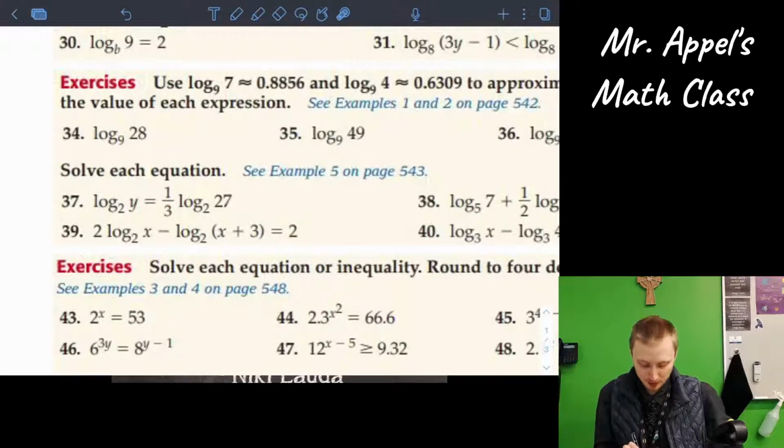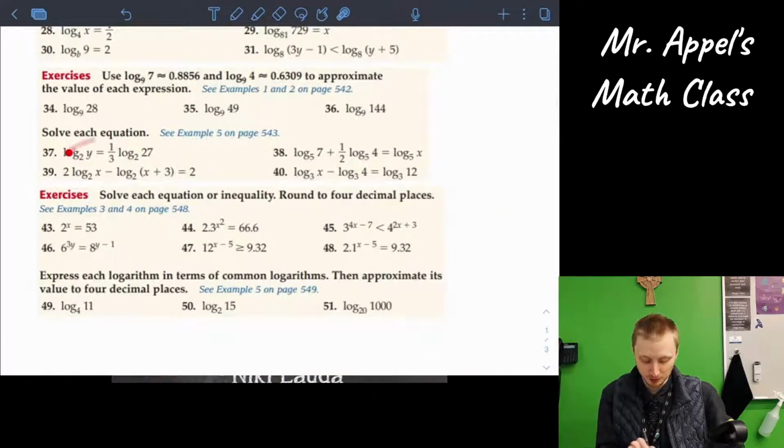We're going to use that backwards. Instead of 1/3 log of 27, we can rewrite this as log of 27 to the 1/3 power. Now it's a single log on both sides. So now I can get rid of the logs and say y equals 27 to the 1/3 power. Okay, don't forget about those properties.